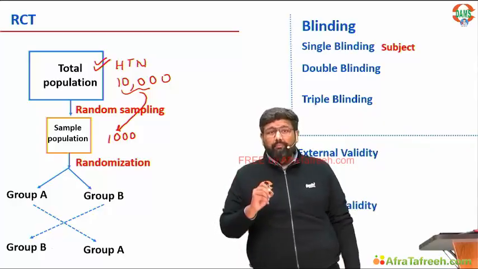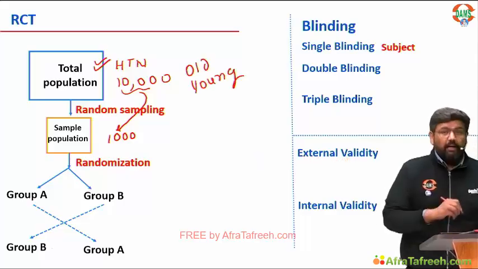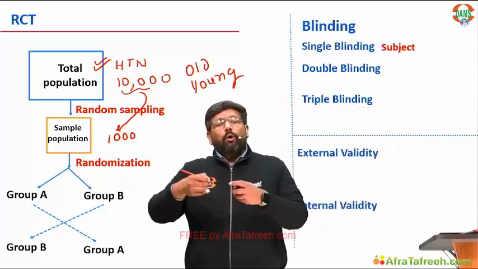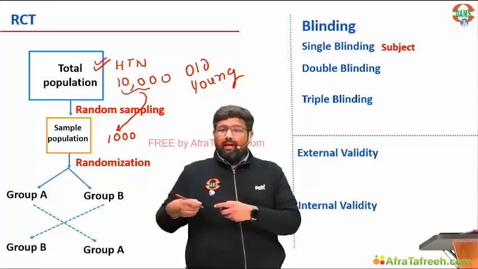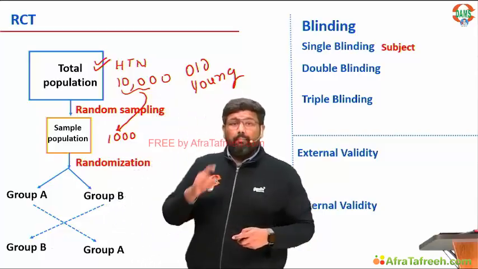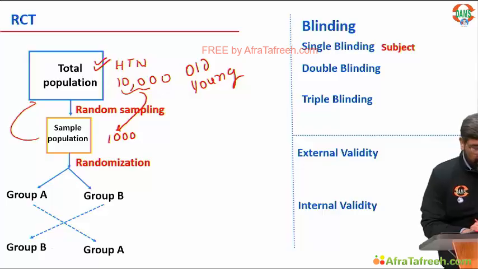The problem here: many are old, many are young. What if I just include all the young people and I show that my new drug is a better drug? This is not good, right? Because the young people are not representative of the whole population.